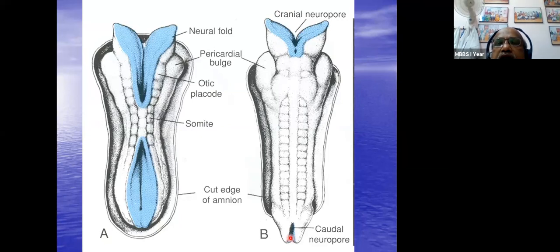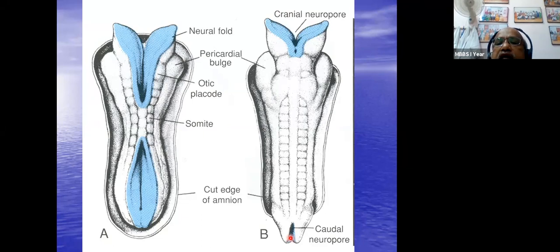When you are reading about the sagittal section of the brain, ask the teachers to show the lamina terminalis in the brain. That is the level of the anterior neural pore, or the anterior end of the neural tube, in the adult brain. The remaining parts of the brain are differentiated from that level. Okay, so that is lamina terminalis.